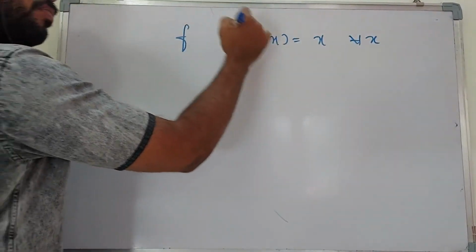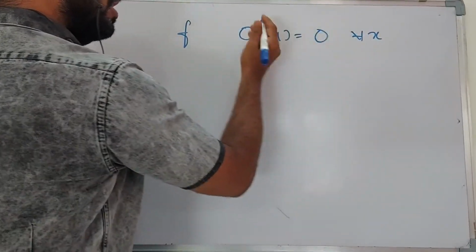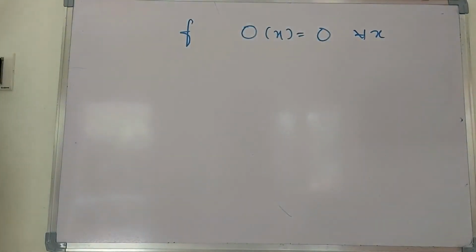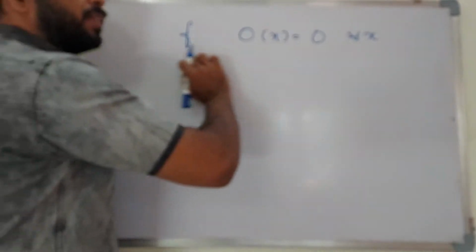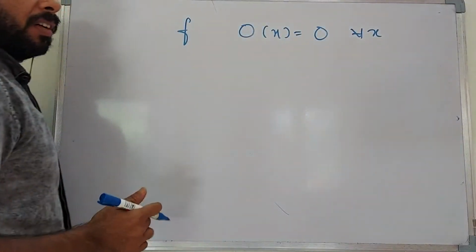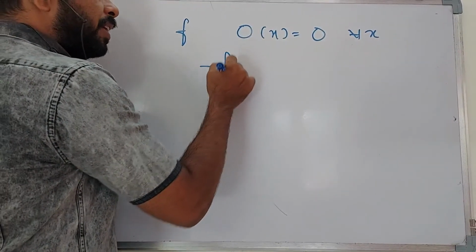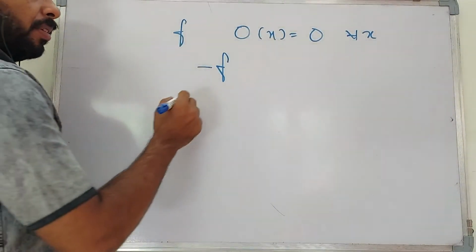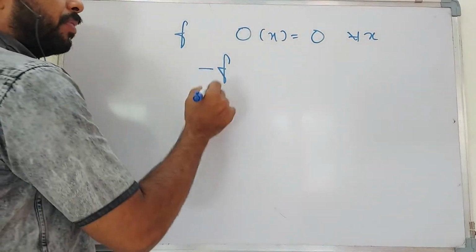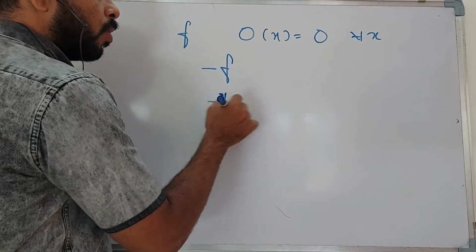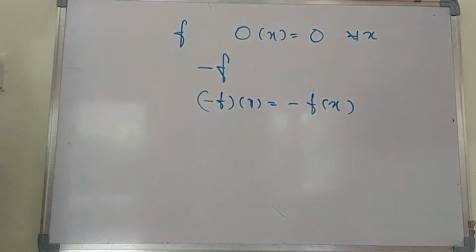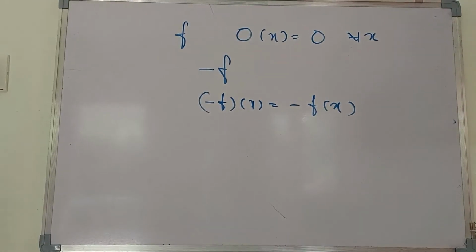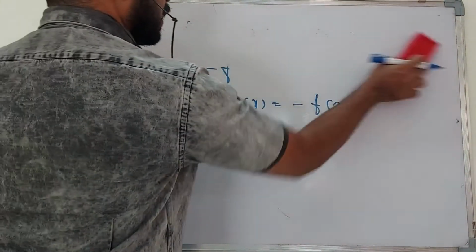That is, the image of any x is 0. It is called the zero function, and it is the additive identity of the set of functions. The additive inverse of f is minus f, defined as minus f of x equals minus of f of x. This is the additive inverse in the set of all functions.